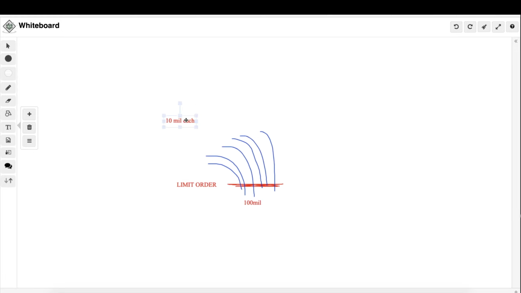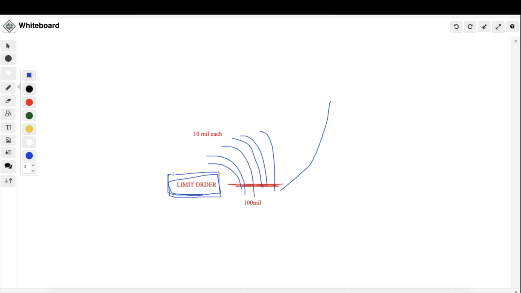Okay. Basically, what's happening here is this limit order is being filled each time somebody's market shorting down into the support. Once this limit order is filled, price is going to move in the opposite direction, because there will be more buyers than sellers, because once the limit order gets filled, it becomes an active order in the market.